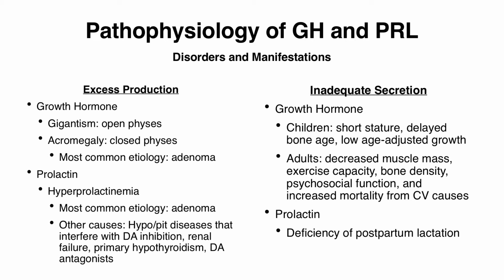In excess secretory states of growth hormone, we have two different pathologies, and really what differs between them is whether or not the skeletal physes or growth plates have closed. If there are open skeletal physes and there's an excessive secretion of growth hormone in the body, well, then the bones continue to grow.